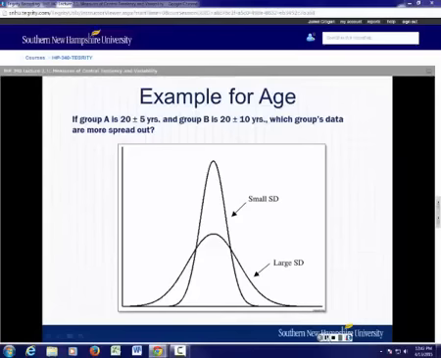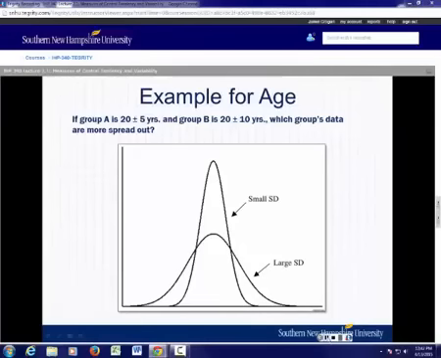So the people that make up that sample, their ages are a little bit wider, a wider range. They're more spread out. Maybe there's someone who's a little bit older and someone who's much more young in this group compared to group A. Group A's scores are more clustered around 20, so their ages are more similar. And in Group B, their age is a little bit more spread out.